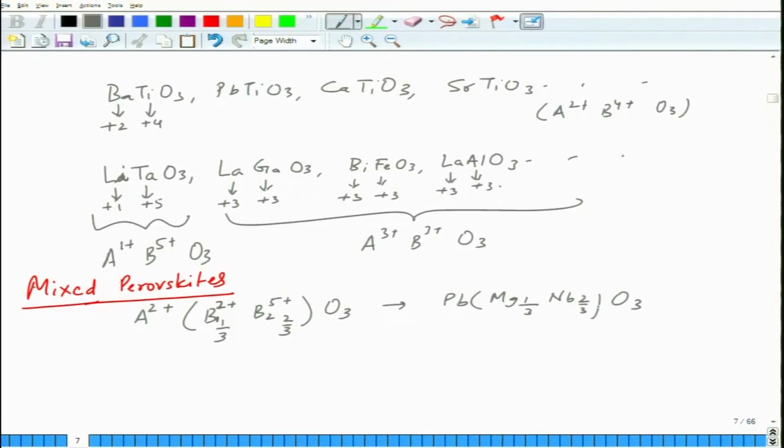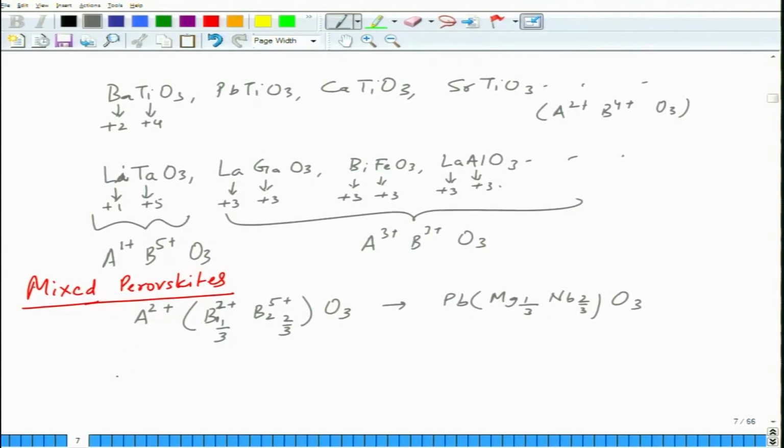They are put in such a fashion so that the stoichiometry is maintained and the charge neutrality is there. So B1 is 2+, you can put only 1 by 3. B2 is 5+, it is constrained to 2 by 3. So magnesium 1 by 3, niobium 2 by 3 will give you 4+ valence together. Okay.